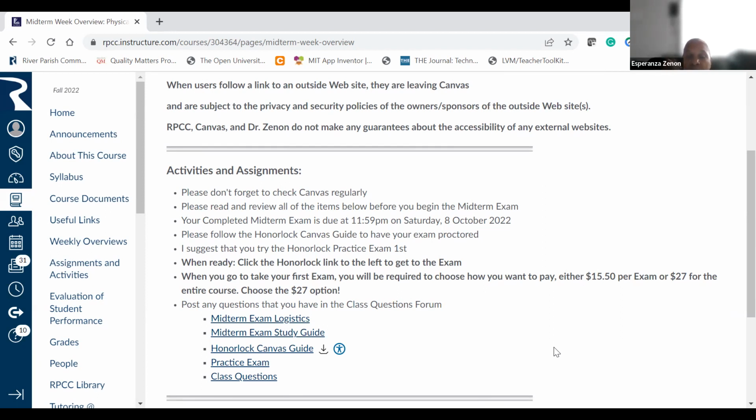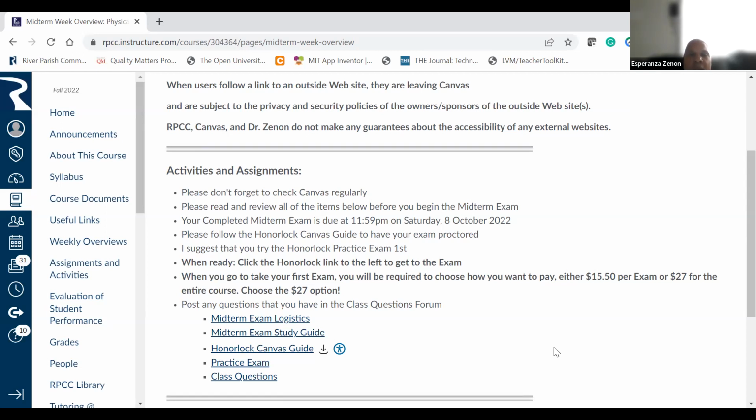As I mentioned in the syllabus from day one, there is a proctoring fee associated with Honorlock, and that is $27 for the entire semester. With that fee, you're paying for the midterm and the final. So choose the $27 option, it'll save you a couple of bucks.